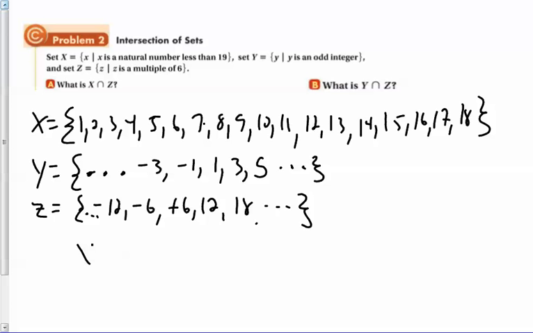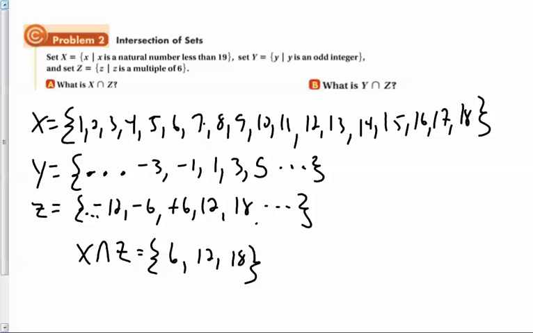So what is the intersection of x and z? Well, the intersection of x and z looks like it'd just be 6, 12, 18, right?